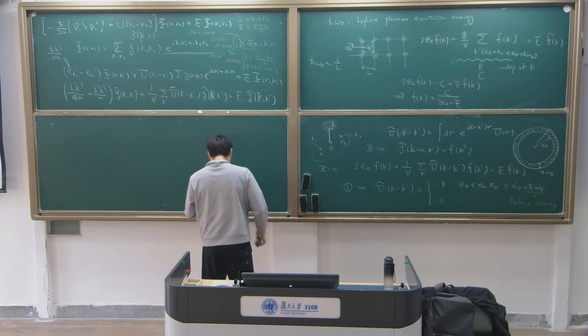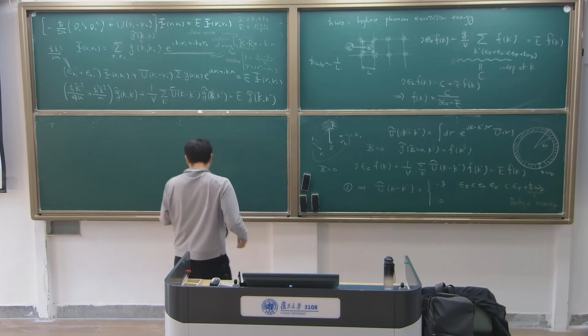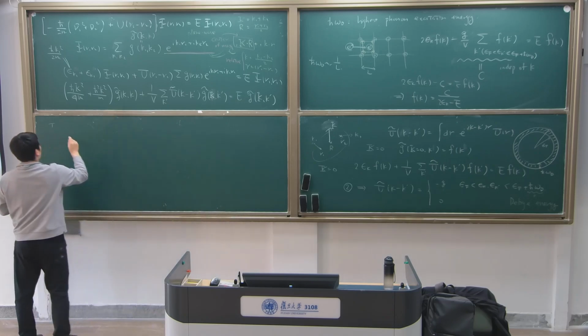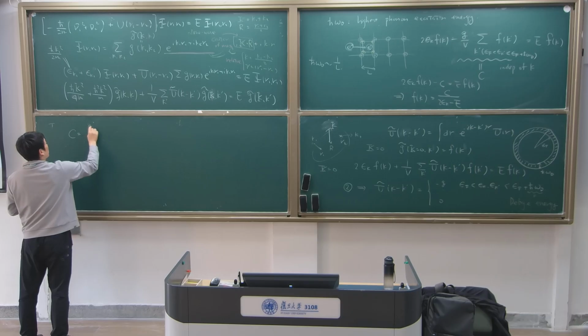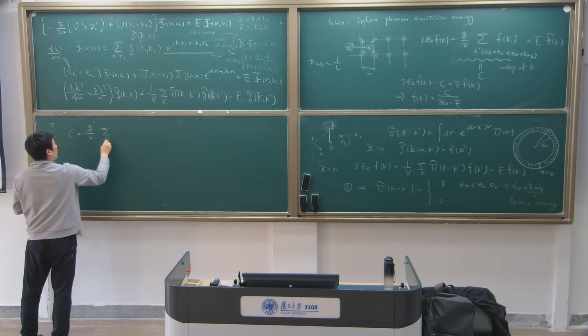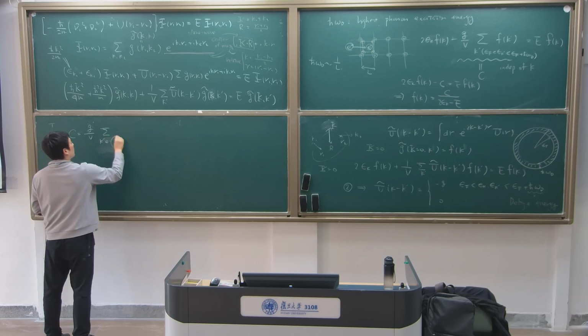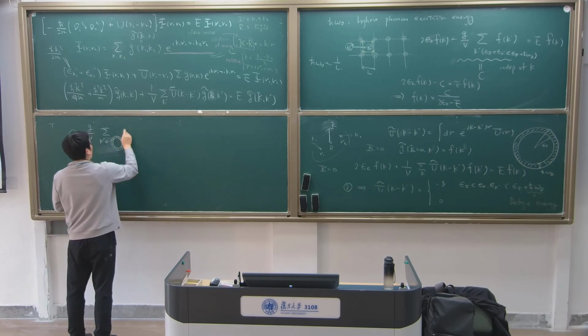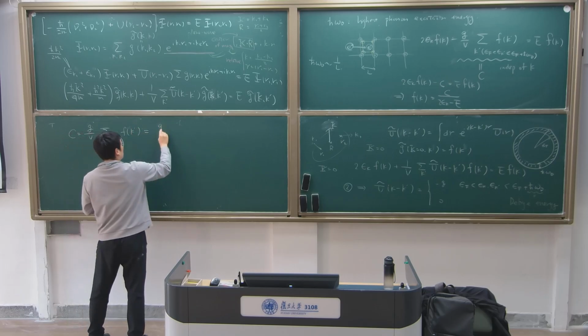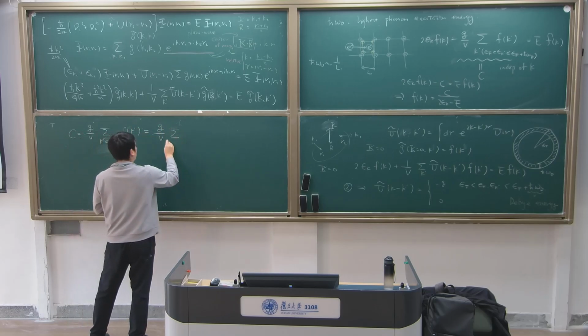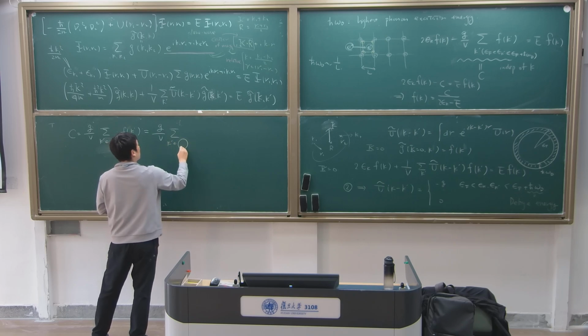So now we can solve this with C, because C is by definition G over V, the sum over K prime, where K prime is inside this shell.